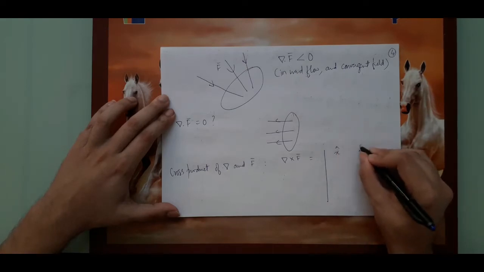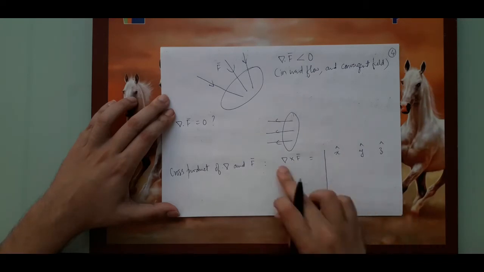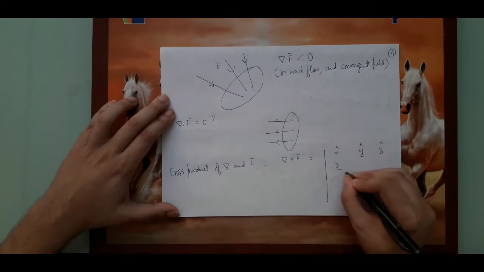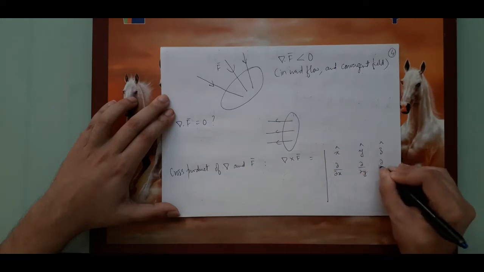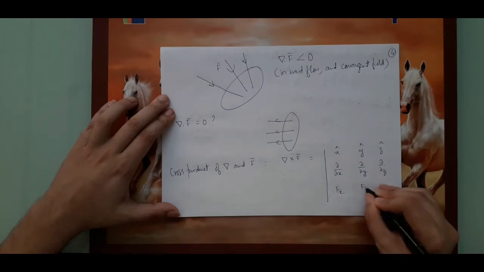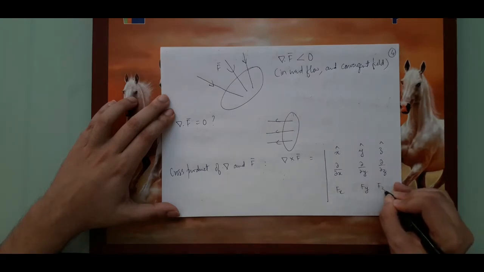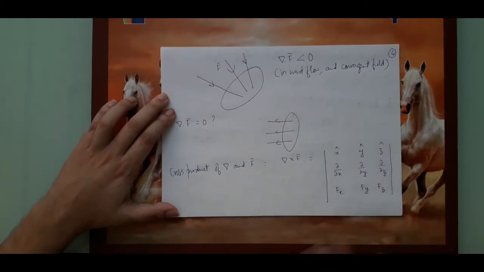I have the unit vectors over here, then the partial derivative operations, and the three components of F in the form of a determinant.